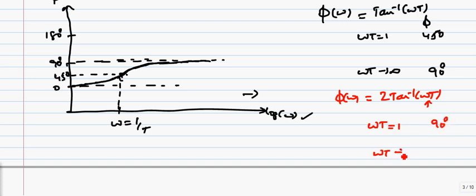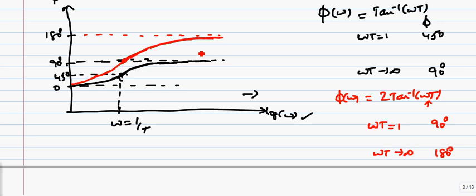As omega t tends to infinity, it is going to be 180 degrees, and for very small values of omega t, it is going to be nearly 0. So let's take 180 as the reference here. At omega equals 1 by t, it is going to be 90 degrees. Let's draw the plot. It's going to be like this.